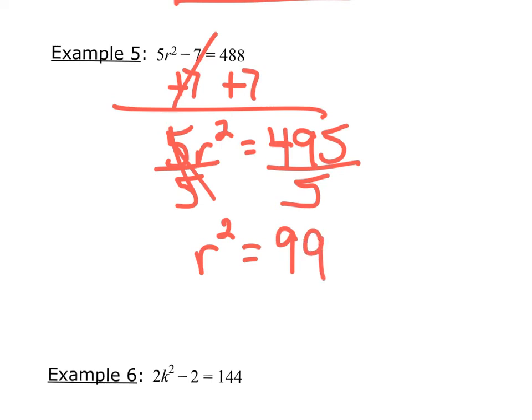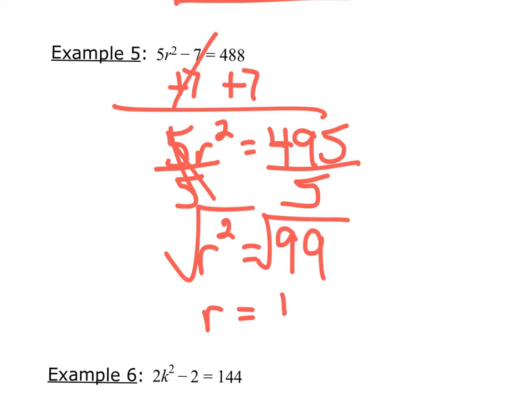All right, so again, we're going to get the r by itself, so we're going to take the square root of both sides. And if you do the square root of 99, okay, that's not a perfect square, so we can type that in our calculator, and we'll get a decimal. So the square root of 99 is, I got 9.94987.